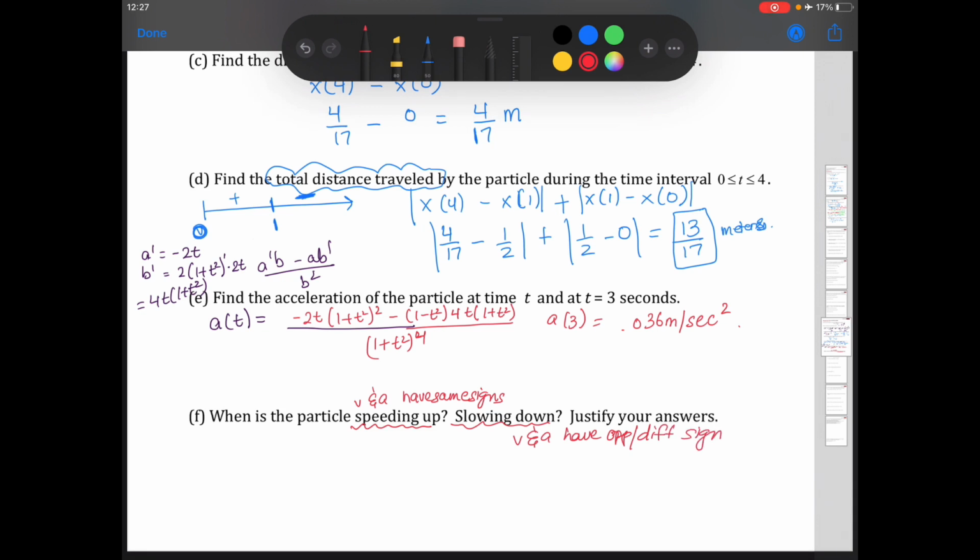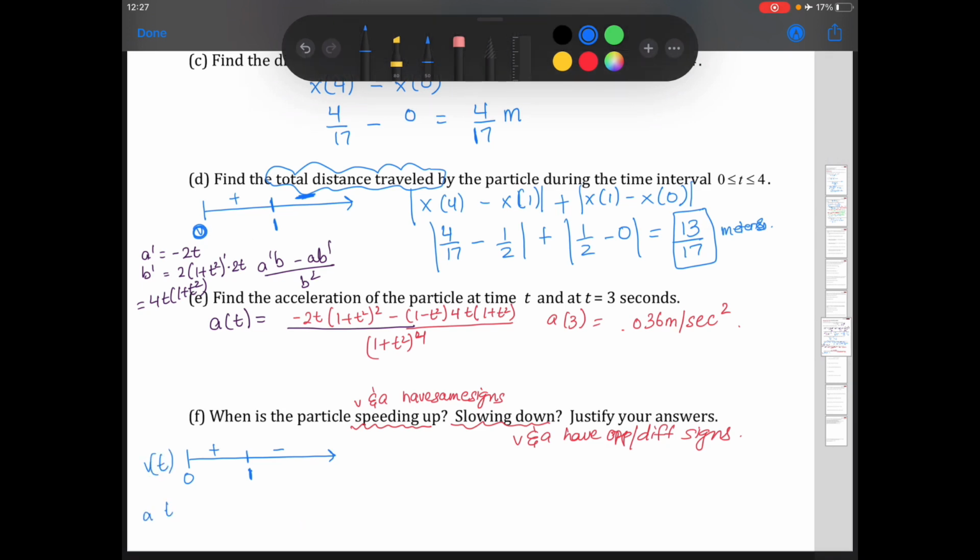Whatever you want to write, right? So I already know from part B, I have my velocity number line, and I'm going to write it here. So that's my velocity number line. And I knew at 1 it was changing direction, going from positive to negative, or moving right and then moving left. So that was my velocity number line, v of t.